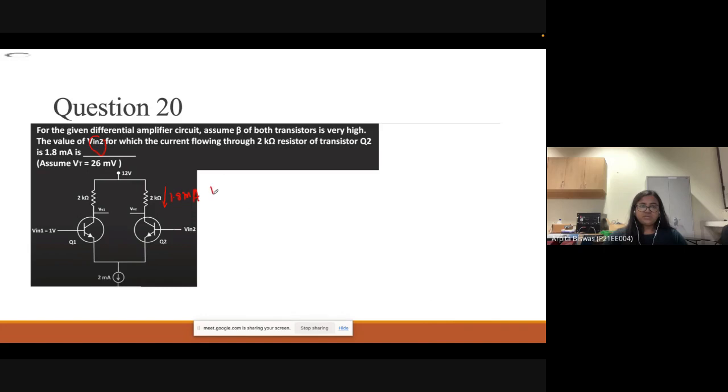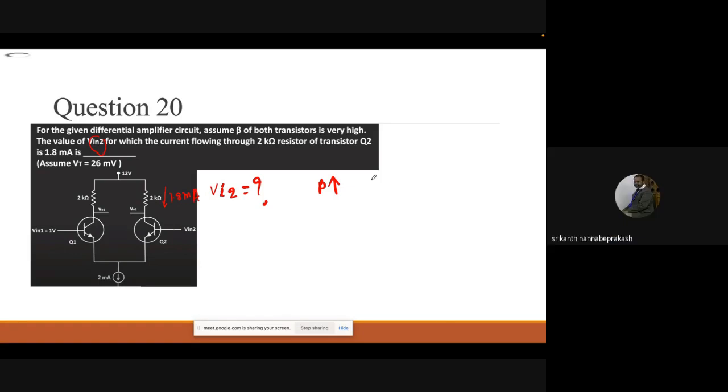So tell me what is the value of V input 2. And the condition given is beta is very high. At least try, then we will discuss. 1.8 twos are 3.6.